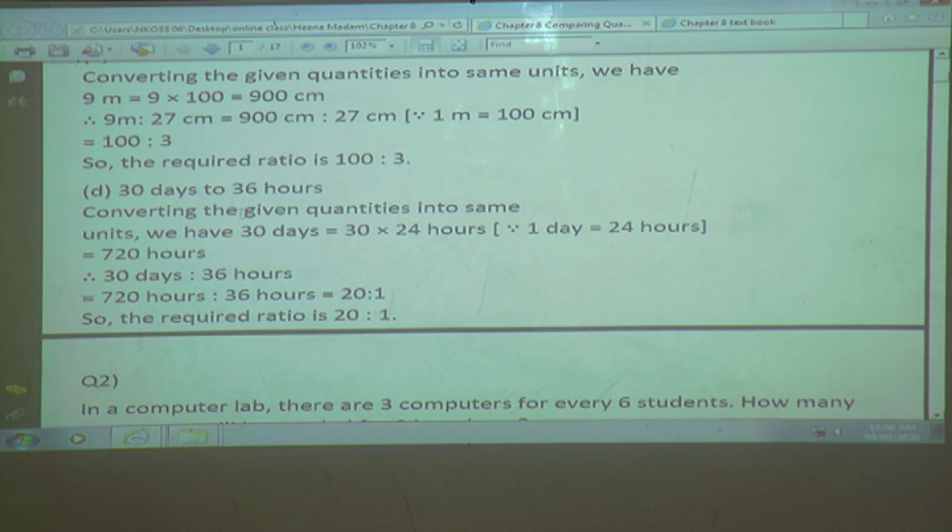Here, converting the given quantities into the same units, we have 30 days. You can convert that into hours. 1 day is equal to 24 hours. So 30 multiplied by 24 hours, because we know 1 day is equal to 24 hours, after multiplying we get 720 hours.